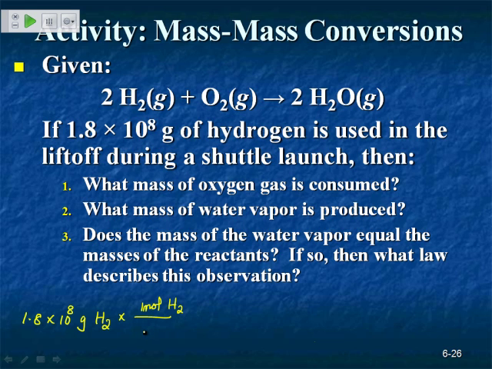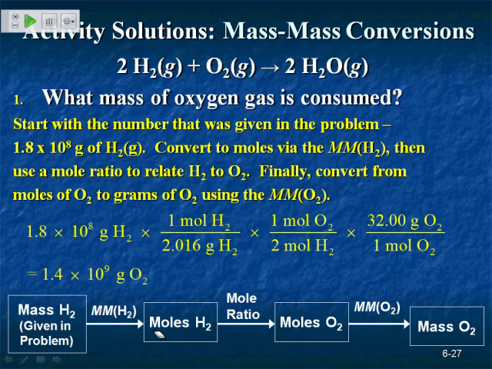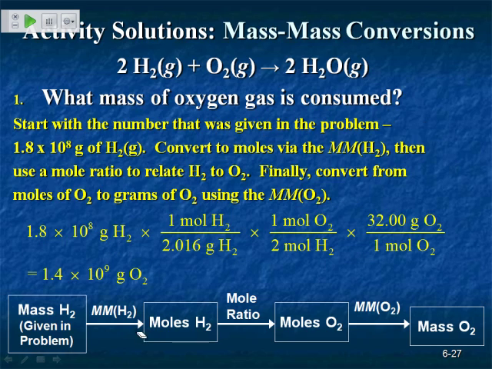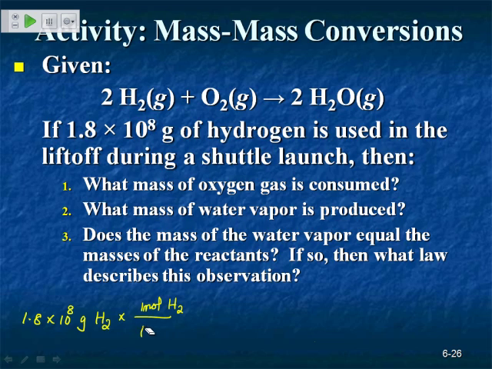So, how many grams? 1.01 is for an H. Are we using just H? No, you need the H2 molar mass. What is the molar mass of H2? 2.02 grams of H2 per 1 mole. Okay, now we will be at moles of H2.